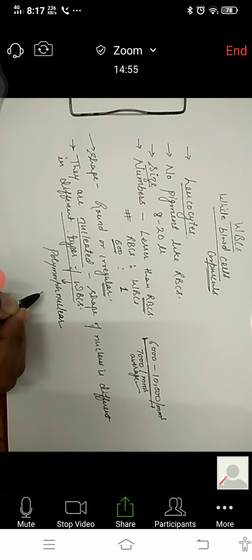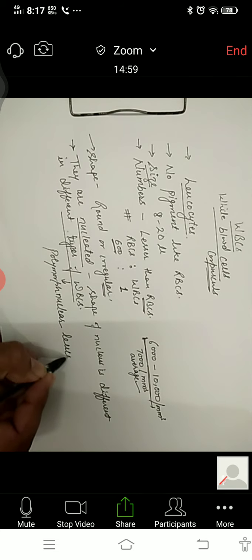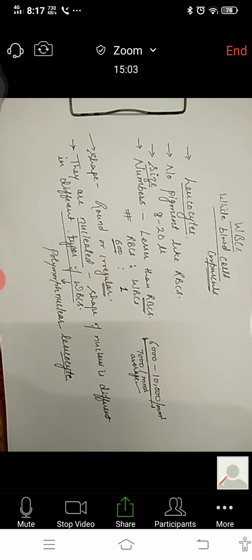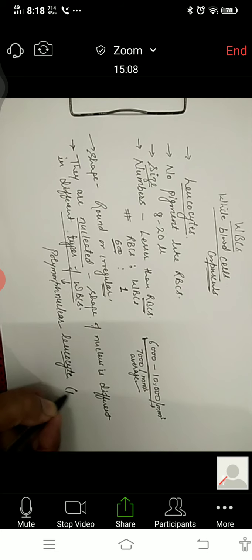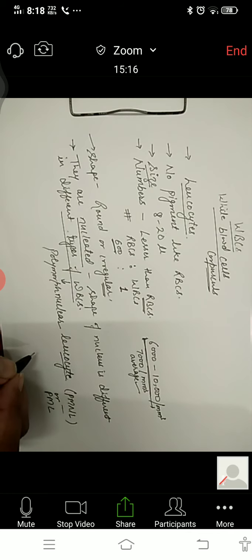That is polymorph nuclear leukocytes, or we can say PML.